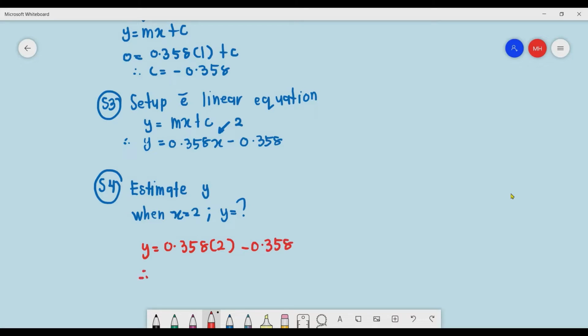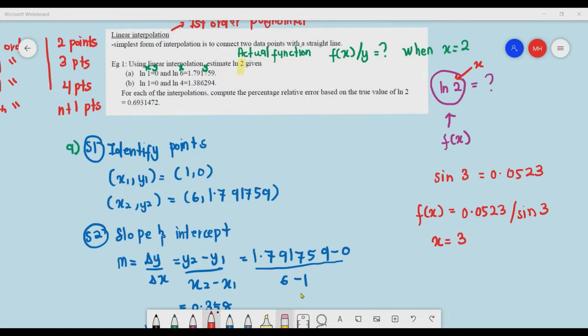Therefore y is equal to 0.358. The value that you obtain from the interpolated function or equation is known as the estimated value. Okay, done with A.